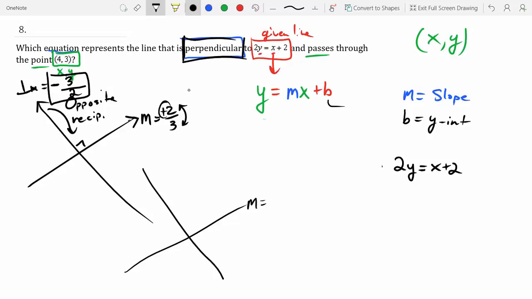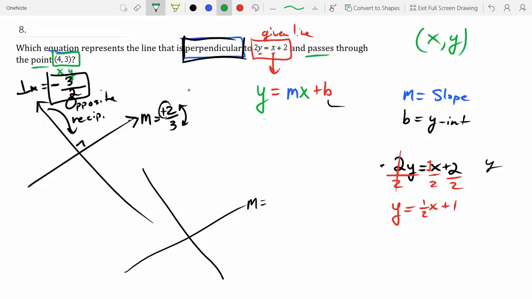We need to solve this equation for y. So my first opening question is, how do I solve this for y? Well, I would simply divide both sides by 2, and I like to divide each term by 2. So I'll get y equals, there's a hidden 1 here, so it's 1/2 x, and 2/2 is 1.